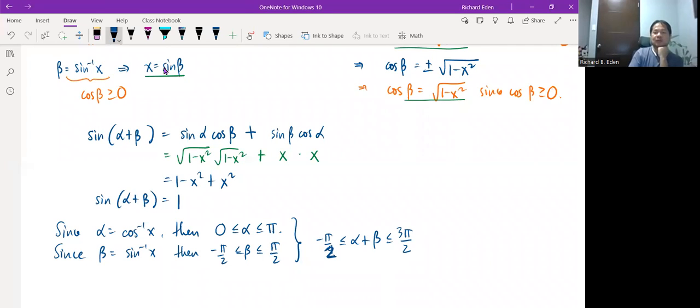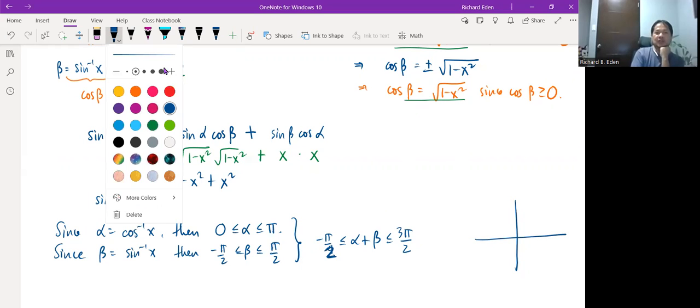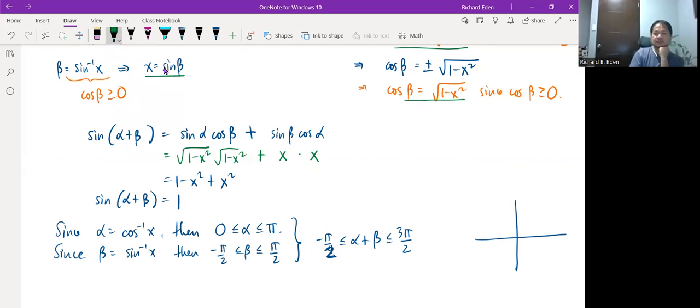So alpha plus beta can only come from here, negative pi over 2 going around until 3 pi over 2. But within that range, from negative pi over 2 until 3 pi over 2, how many angles are there for which the sine is equal to 1?